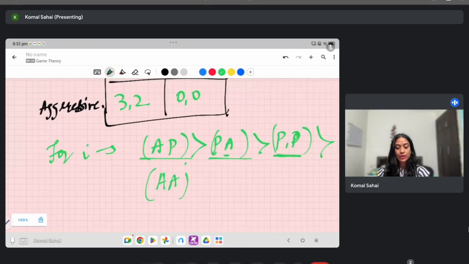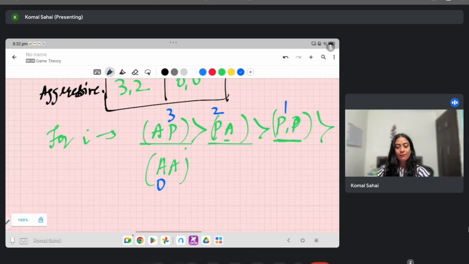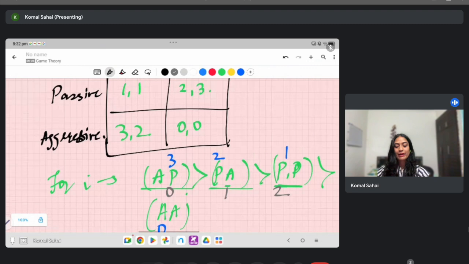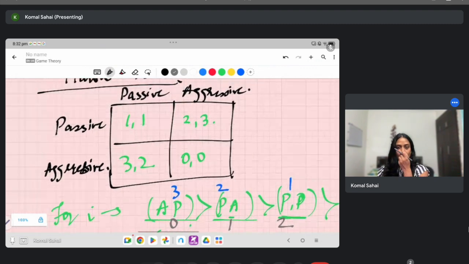I've just put numbers. इसको तुम put this 3 2 1 0, right? This is for player 1. For player 2 ये उल्टा हो जाएगा, है ना? For player 2 ये हो जाएगा 0 1 2 3, ठीक है। तो player 2 0 1 2 3 and this is what I have put.